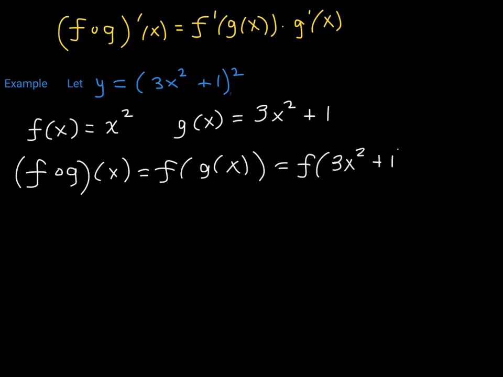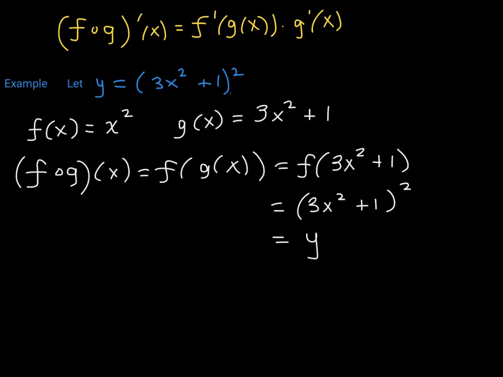That's what g is. And then this notation says to evaluate f at the expression 3x squared plus 1. F is just squaring your input. So then this would be 3x squared plus 1 quantity squared, which is exactly what they're saying y is.